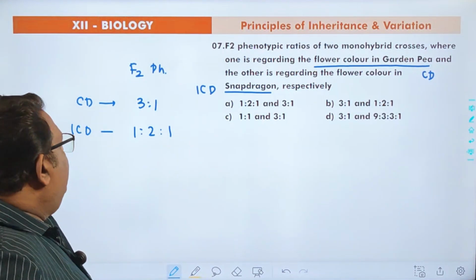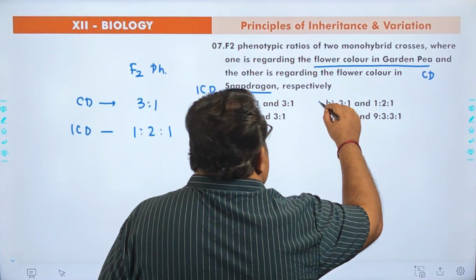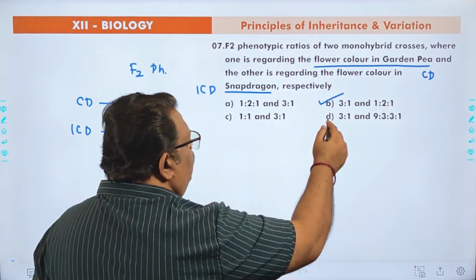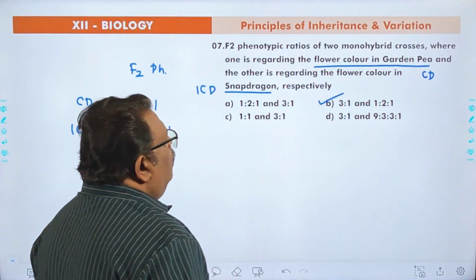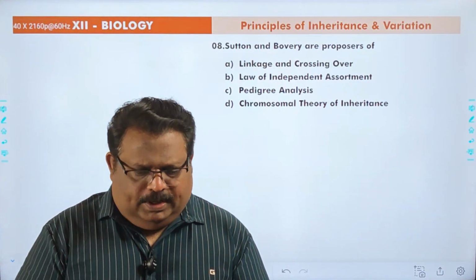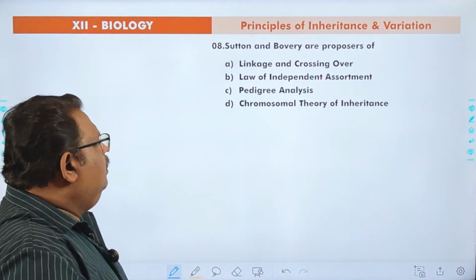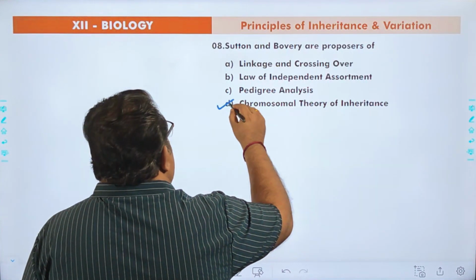So the answer is 3:1 for complete dominance and 1:2:1 for incomplete dominance. The answer is B.